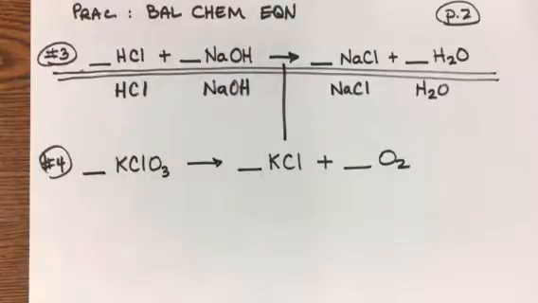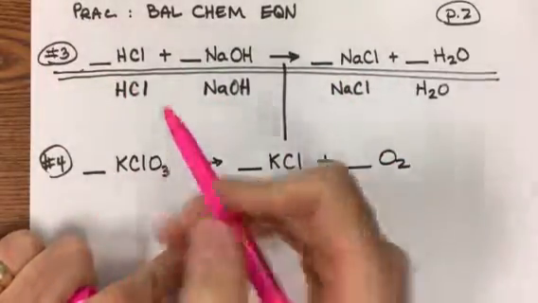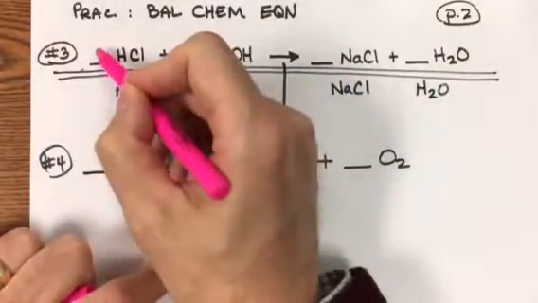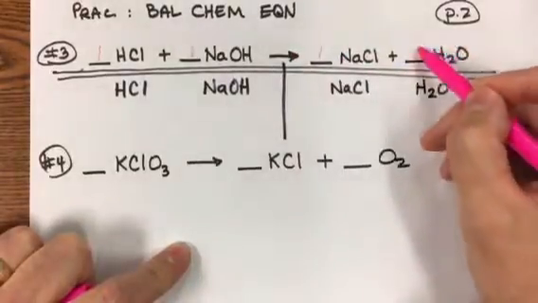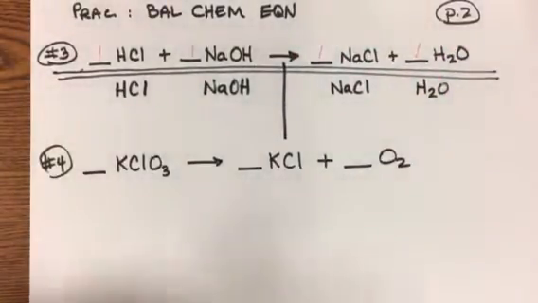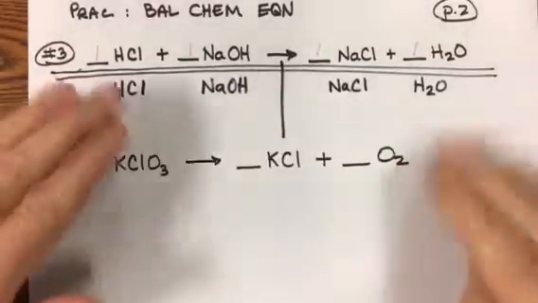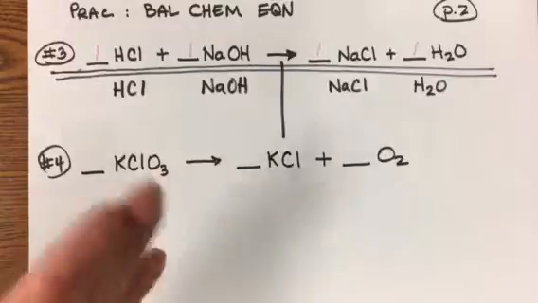So what's the answer? The answer in this case is that all of these blanks remain empty. In other words, all of these blanks hold an understood 1. If your teacher wants you to write 1s, you can, but it's not necessary. It should be understood if the blank is left empty. So there was nothing to do on this because all of the elements already had exactly the same amount before and after.